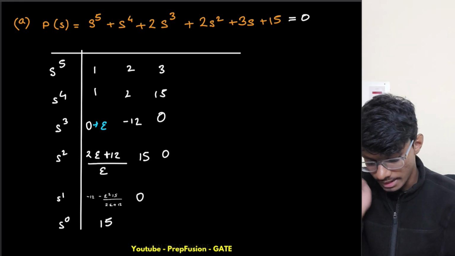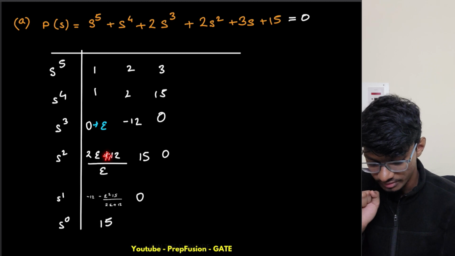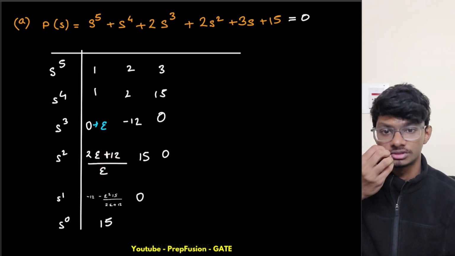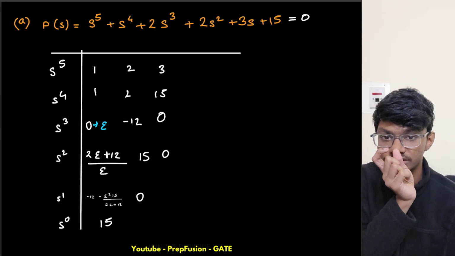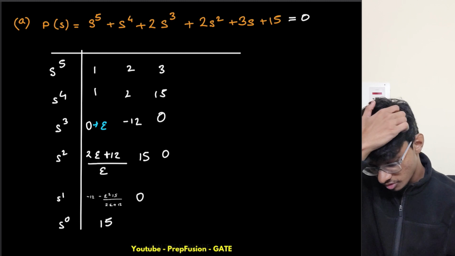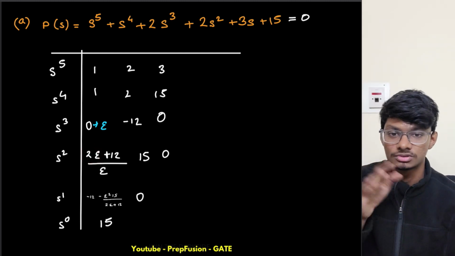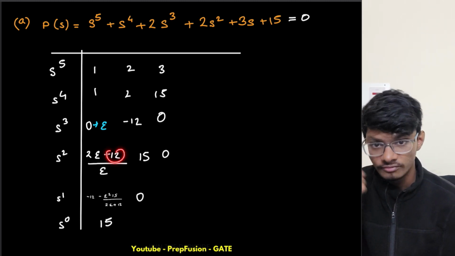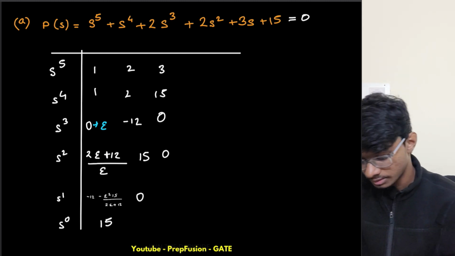If I divide by, let's say, plus 12 divided by 0, what do I get? I get almost equal to positive infinity. So I will assume my epsilon is some small positive number, so this one I can neglect. 2 times a small number 0.00001 will be 0 only, and the 12 will dominate. So 12 by some small positive number, what will I get? I will get positive infinity.